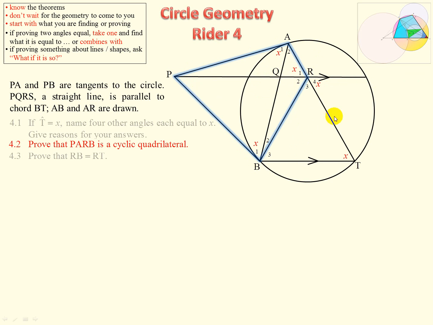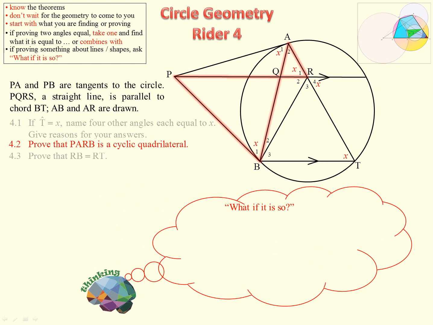But what I do like here is the fact that we actually have angles in same segment set up that way, and there'd also be one this way. And I like that because I'm sure that I can find something equal there. And in fact, if you have a look, these would have to be the case for this to be a cyclic quad.